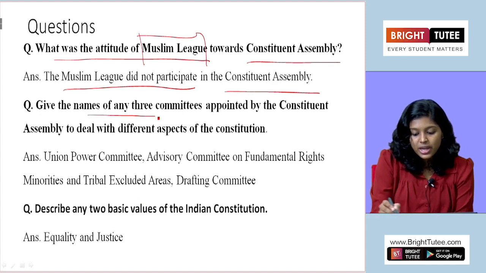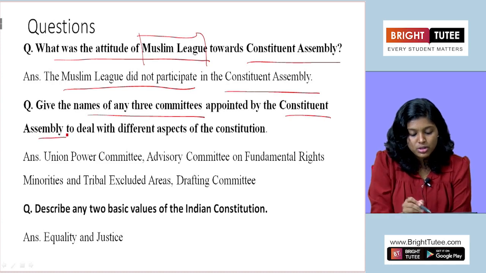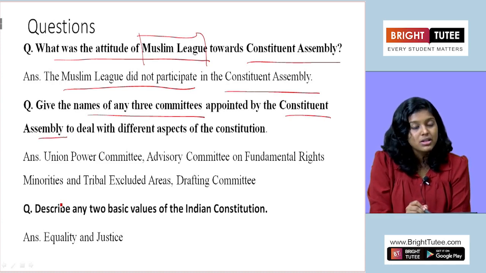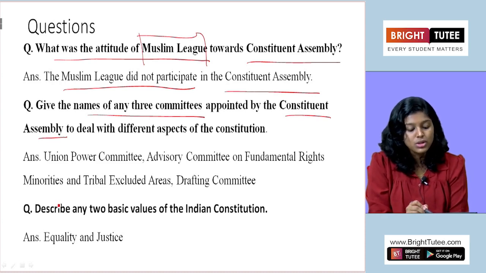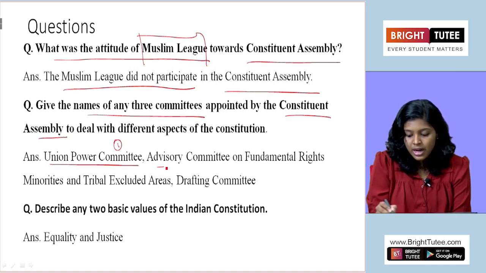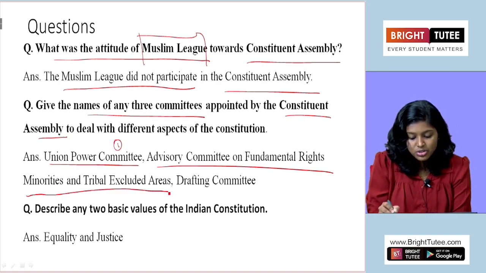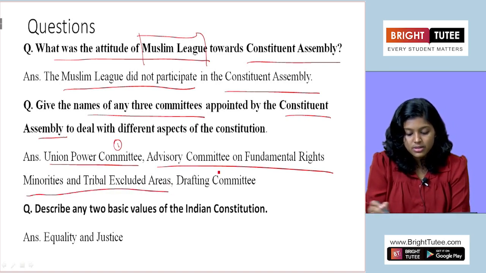Give the names of any three committees appointed by the Constituent Assembly. So we just looked at the different committees which were set up by the Constituent Assembly. Some of them are the Union Power Committee, and the Advisory Committee on Fundamental Rights, Minorities and Tribal Excluded Areas.